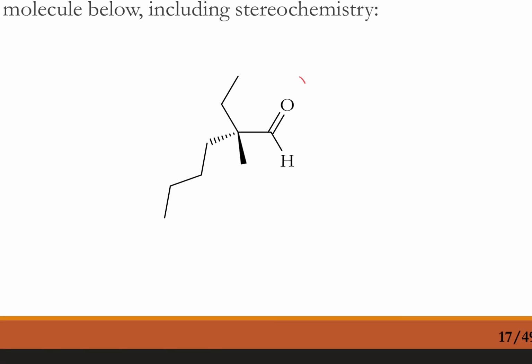Now this molecule is an aldehyde, and we haven't learned how to name aldehydes. But what we'll see is that the aldehyde has to be a part of the longest continuous chain of carbons. All right, so if you said we have 1, 2, 3, 4, 5, 6, 7 as the longest chain, you'd actually be wrong.